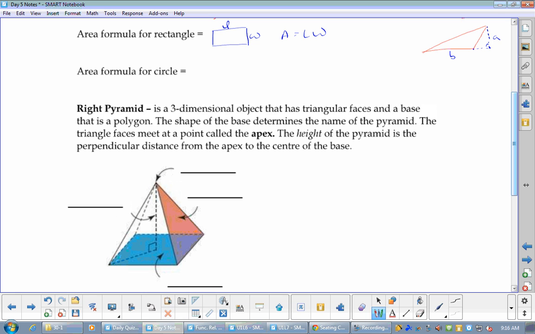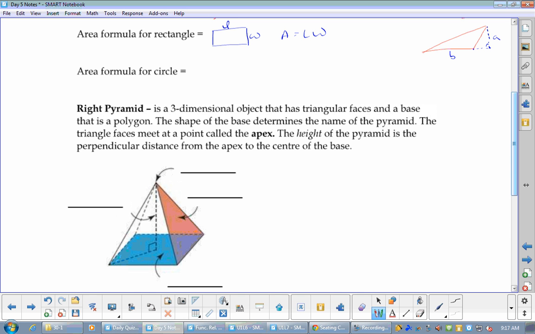It's a cone. It's given a different name, but the real name is a circular-based pyramid. The shape of the base determines the name. So if you have a hexagonal one, there's a hexagon on the bottom. If it's an octagonal-based prism, there's an octagon on the bottom.